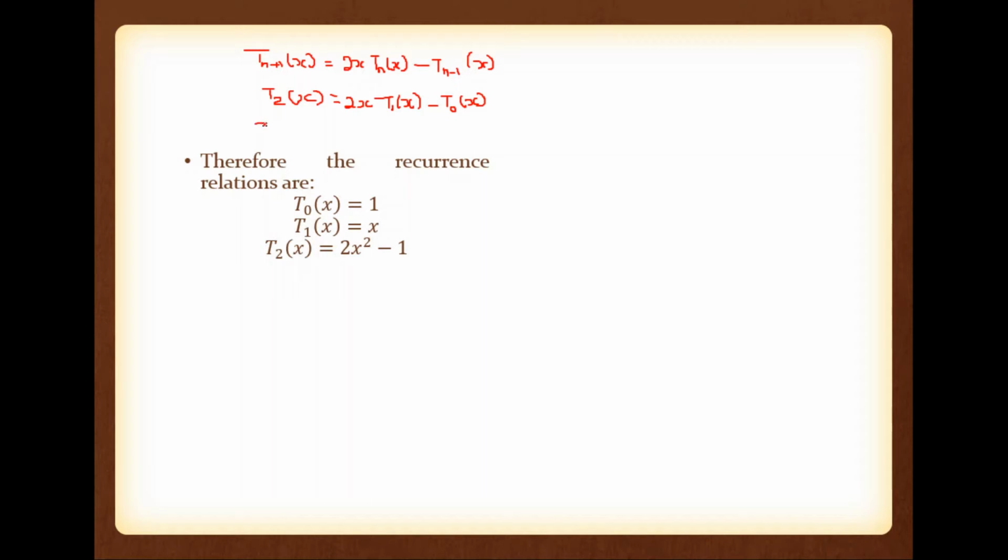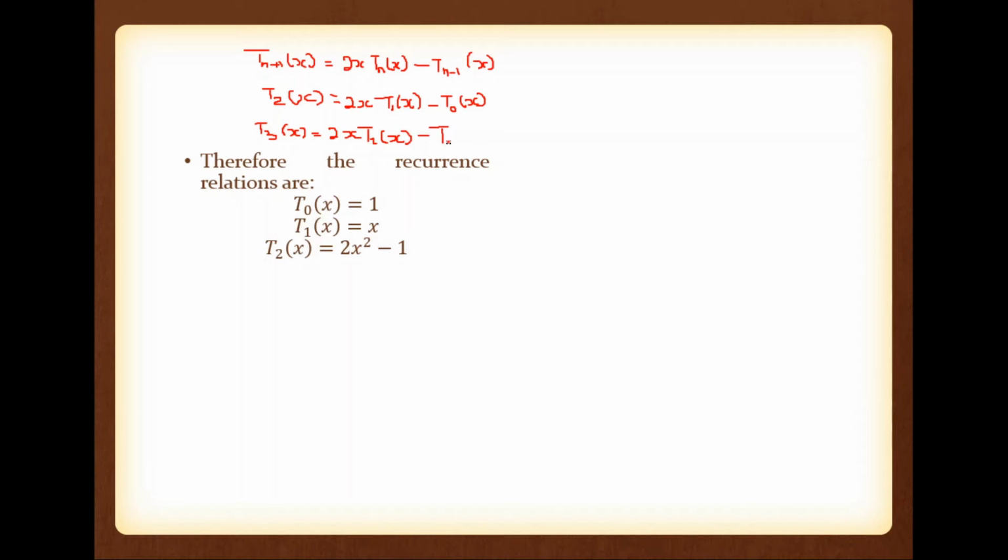Now what about T3 of x? That is why I told you we are going to find the higher degree polynomials by using recurrence. So T3 of x, left hand side is T3. This is n plus 1, this is 3. So what is n? N plus 1 is 3, so n is 2. So 2x, n is 2, so T2 of x minus, what about Tn minus 1?